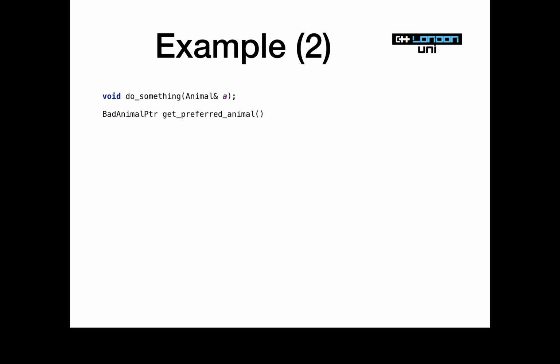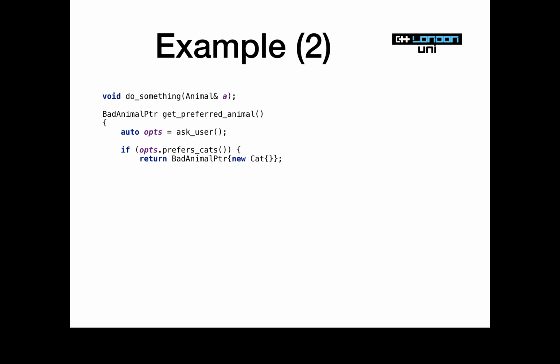So how do we use this? Well, this time our getPreferredAnimal is returning this animal pointer thing. And again, if the user prefers cats, well, what do we do now? Now we return a BadAnimalPointer, and we pass its constructor a new cat.